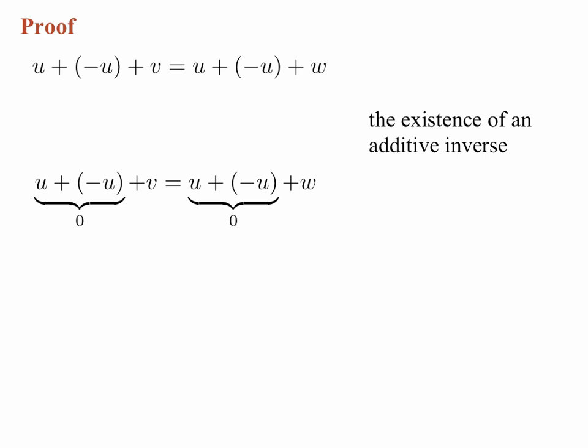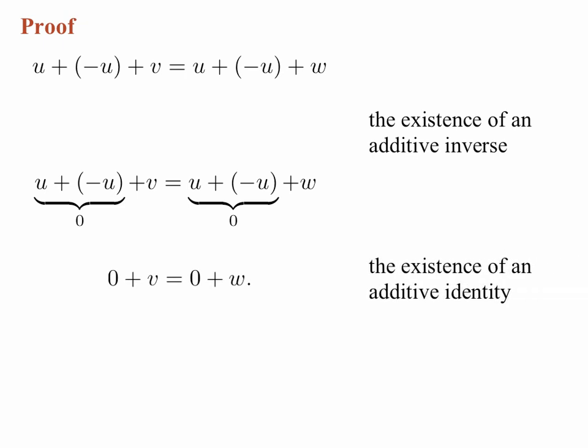And then we know that u plus minus u equals 0, because there's an additive identity. That's one of our properties. And so then we have 0 plus v equals 0 plus w. And 0 is in essence the mirror for real numbers. And so therefore v equals w.